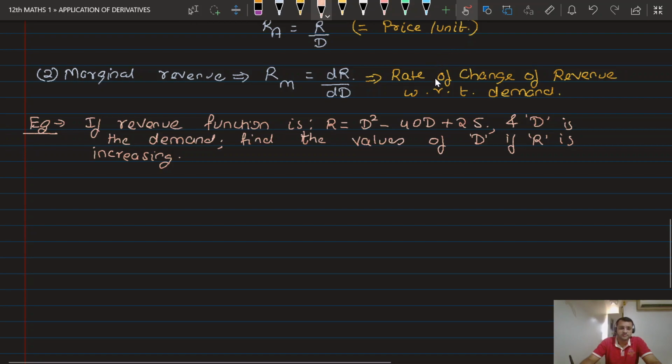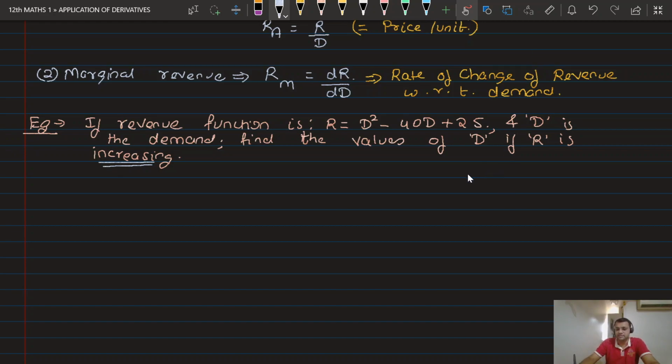It says that if the revenue function is R is equal to D square minus 40D plus 25, and D is the demand, it's asking us to find the values of D if the value of R is increasing. Now when we talk about increasing and decreasing functions, it goes to your exercise number 2, the logic and the concept of increasing and decreasing functions.